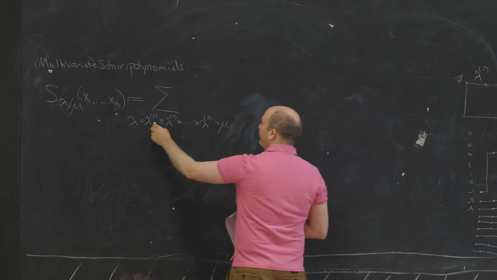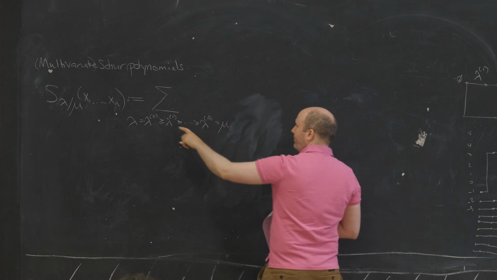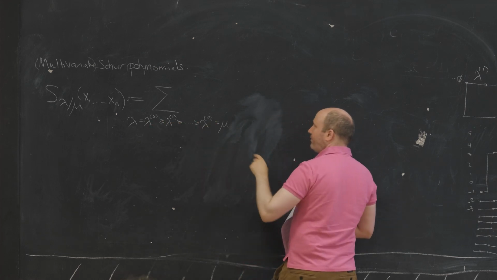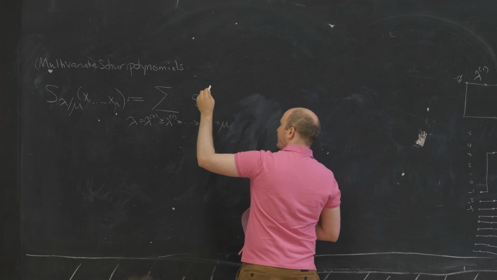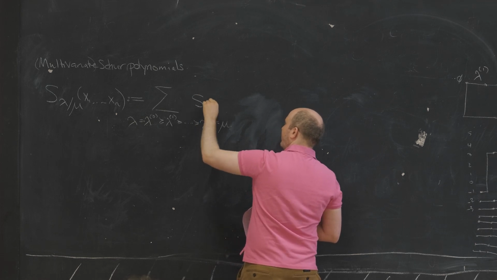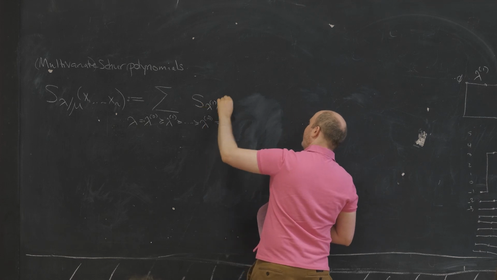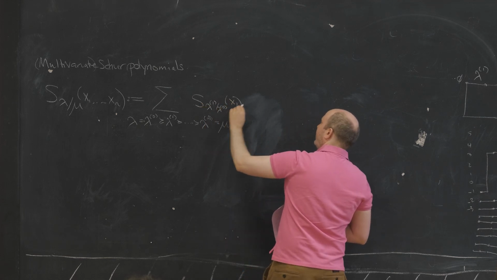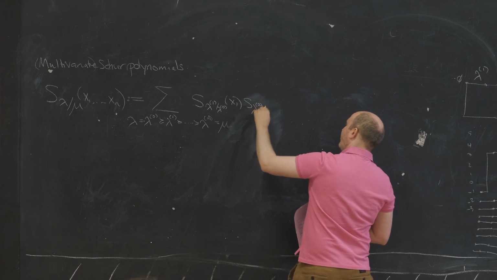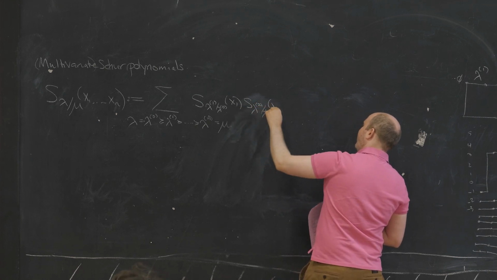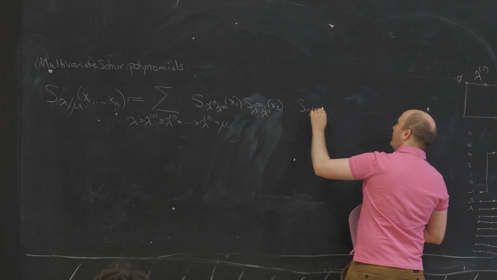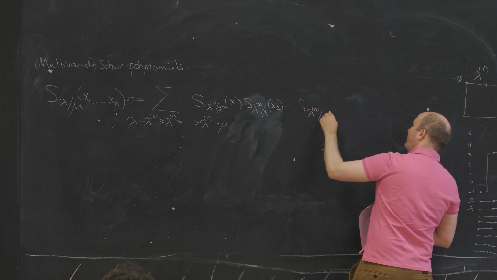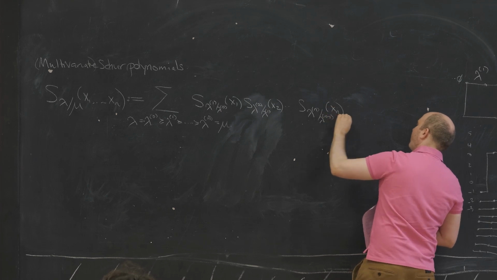So I'm going to sum over all sequences of these interlacing partitions, and then I'm going to put in here the skew Schur polynomial lambda 1 over lambda 0 in variable x1, lambda 2 over lambda 1 in variable x2, all the way up to lambda n over lambda n minus 1 in variable xn.